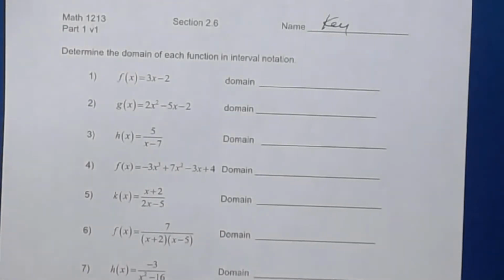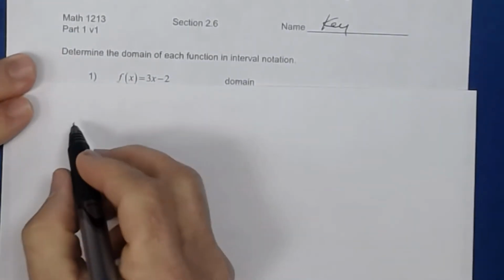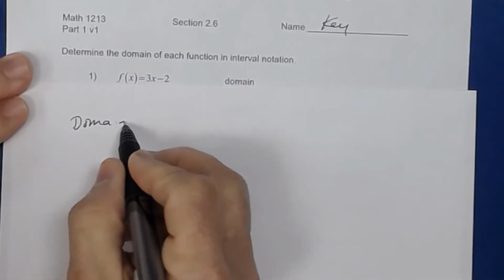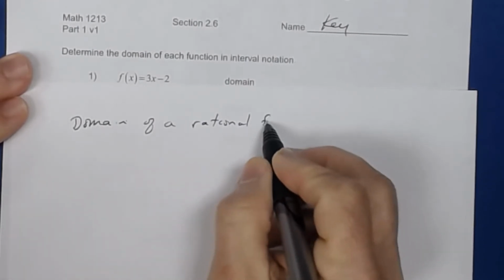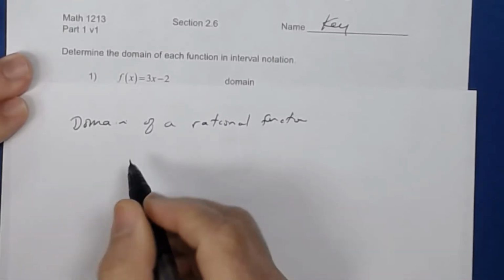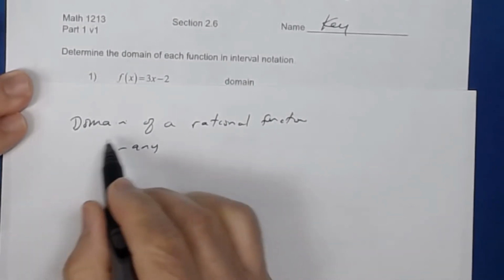And you have to remember that the domain of a rational function would be any value for x, so remember the domain is the set of x coordinates.